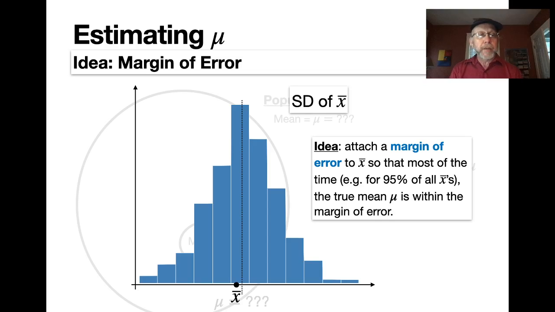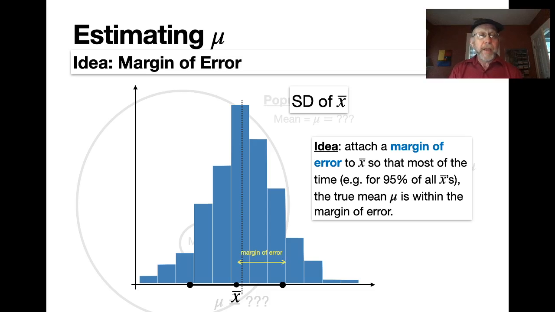So here I'm just going to add a margin of error to our sample mean x bar. I've indicated that by this thickened line that extends a certain amount out to the left and that same amount out to the right of x bar.